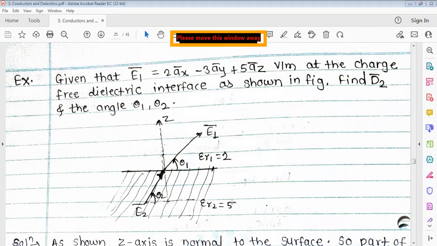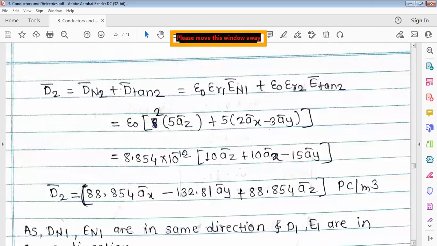Therefore, this is epsilon 0 into bracket epsilon r1, which is 2, into E bar n1, which is 5 a bar z, plus epsilon 0 common, and epsilon r2, the relative permittivity of medium 2, is 5 into E bar tan 2, the tangential component, which is 2 a bar x minus 3 a bar y.